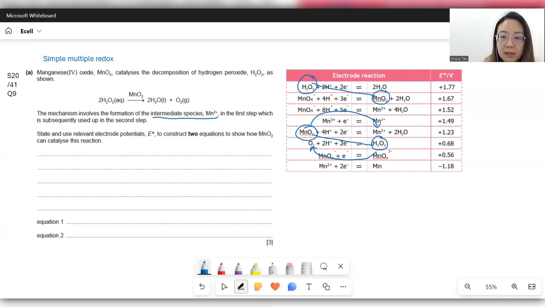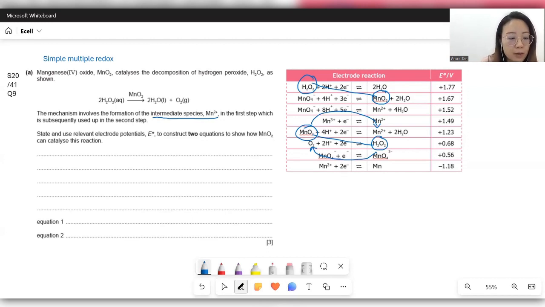So if we pick this set of data, then yes, this will give us the intermediate. You have to pick one H2O2 and one MnO2, so you either pick the top part, set A, or set B. Set A is not correct, so we know that this is set B.